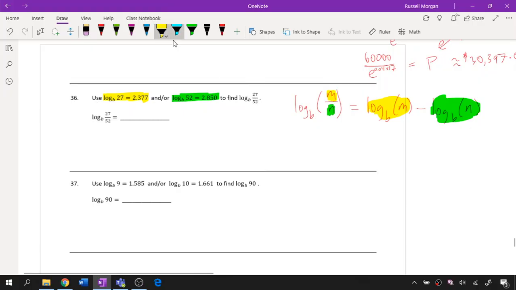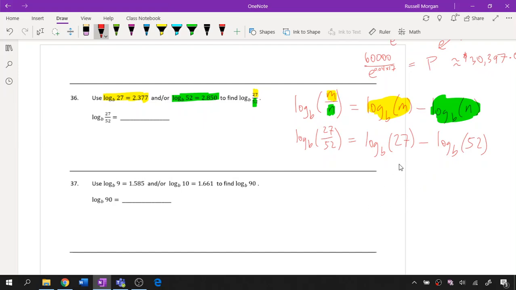You can see in this that the 27 is the piece on top, up here, and the 52 is the piece on bottom. So all I have to do, in order to find log base b of the 27 over the 52, is do the log base b of the 27 and subtract the log base b of the 52.